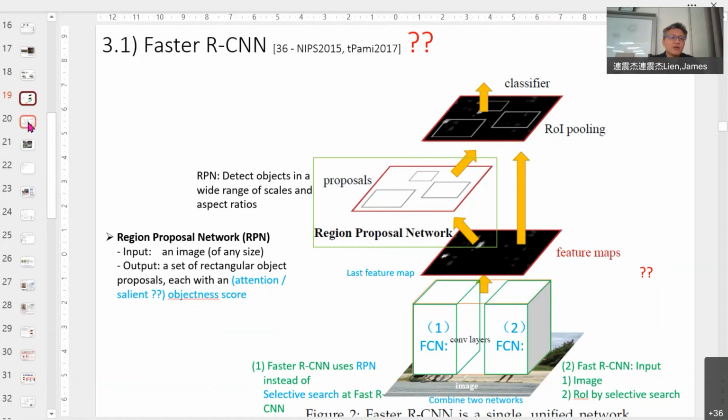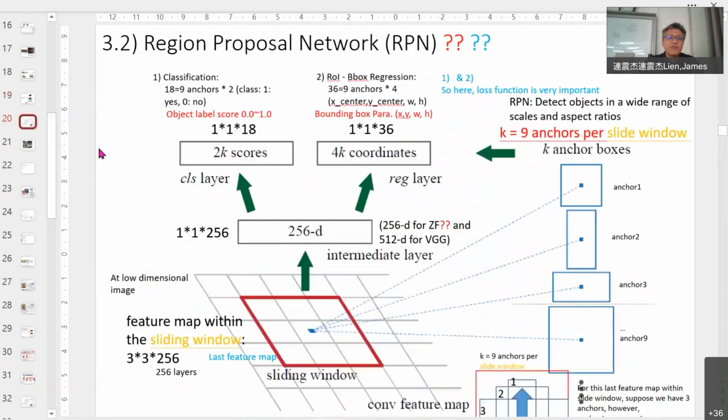Don't mix these two up. This one classifies many classes, and this one only has two classes, foreground and background. So back to the RPN, the purpose is, for each feature map, suppose this one is 7 by 7, they try to find the initial bounding box.